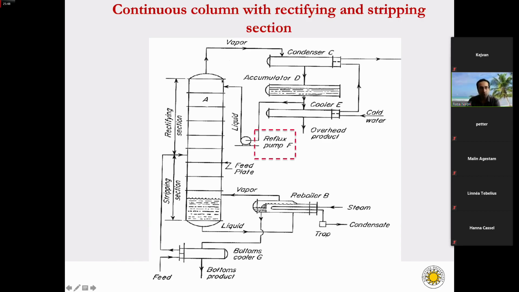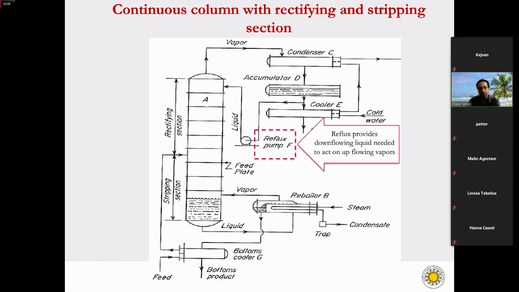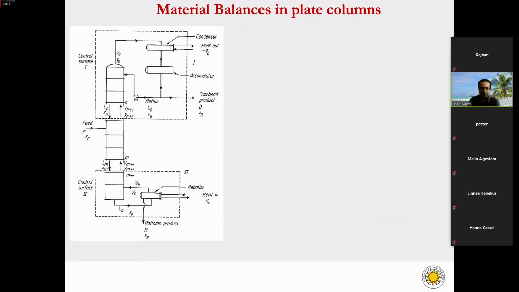So we normally send part of the liquid back to the distillation column in order to keep the liquid level inside the column, and also to increase the purity of the vapors or the overhead product. We use a reflux pump to return the liquid back to the distillation column. And as I mentioned, reflux provides the downflowing liquid that is needed to act on the flowing vapors.